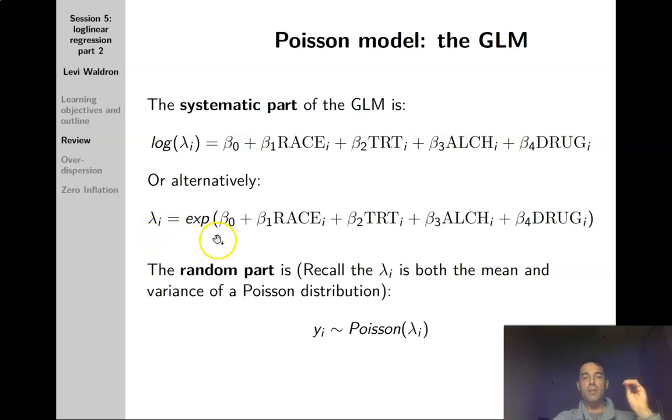That mean will be different for every combination of the predictors, but for a given combination, we have a Poisson distribution with a fixed lambda. That is to say that the random part of the distribution is a Poisson distribution with mean lambda. So the outcome variable y is Poisson distributed with a mean of lambda, where lambda is given by the exponent of the linear predictor.